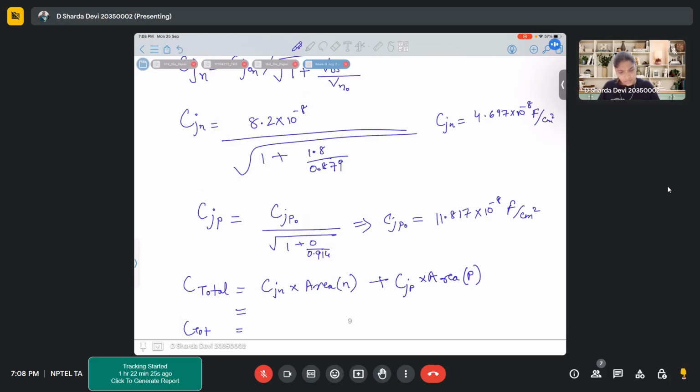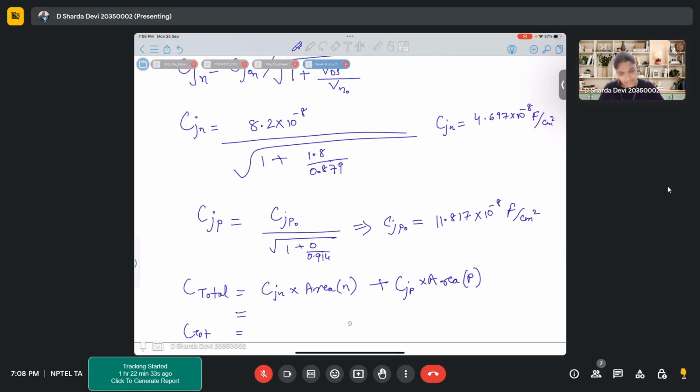I'm getting 8.2 into 10 to the power minus 8 upon under root 1 plus 1.8 by 0.879, and I'm getting 4.697.